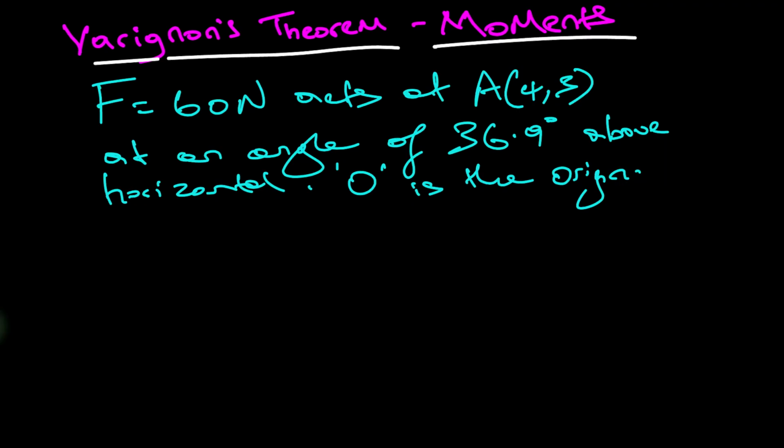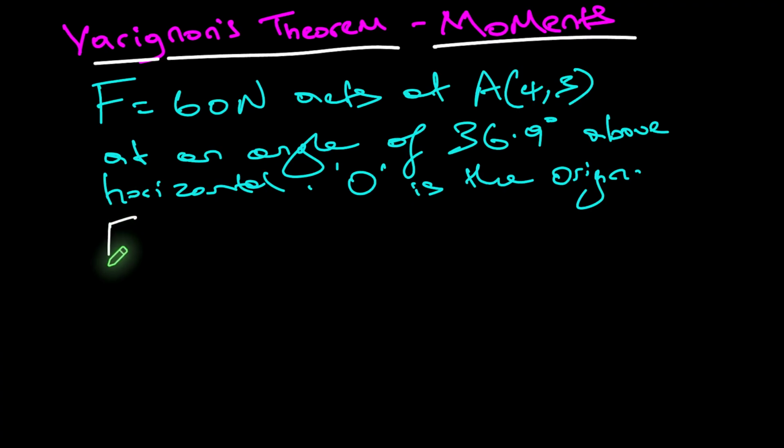Now, before we use Varignon's theorem, we must first resolve the force into components. And since the angle is measured from the horizontal, then cosine will give us the horizontal component and sine will give us the vertical component. So what that is really, it's similar to what we have looked at before.